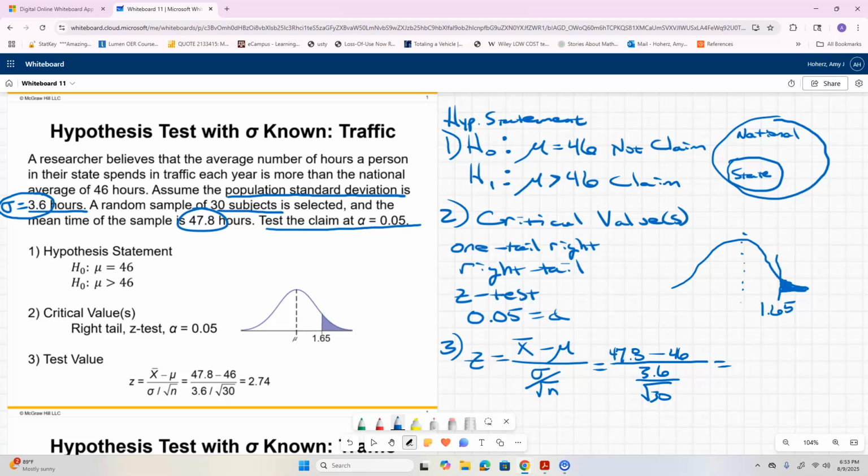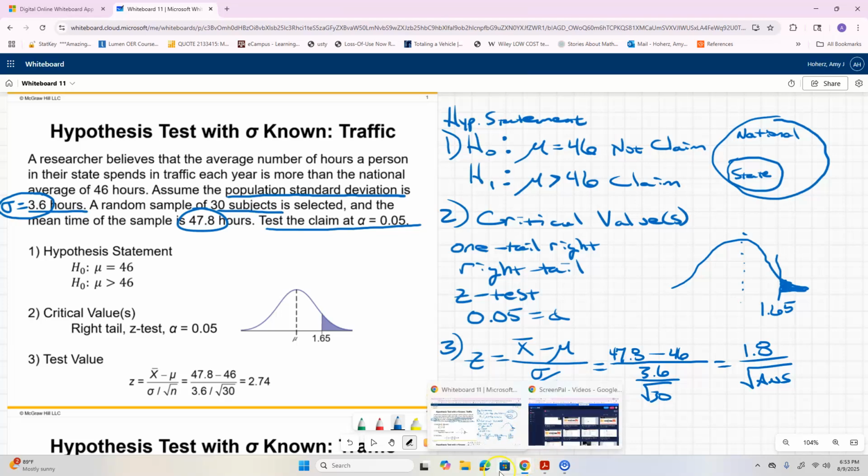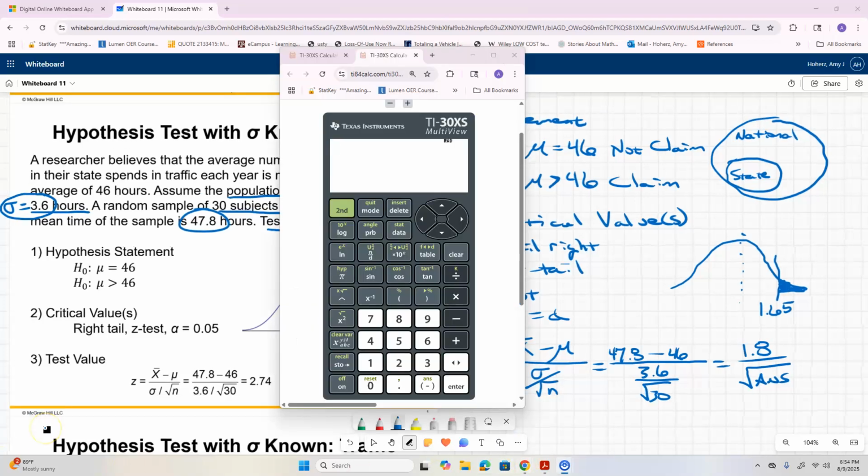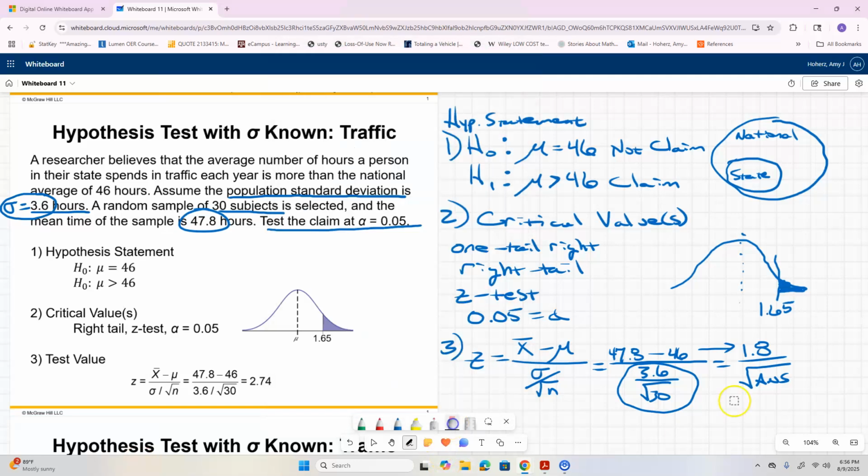All right, 47.8 minus 46 would be 1.8. And then we're going to divide by whatever the answer to the bottom is. So this is how I like to do it on the calculator. Okay, so we already have the top computed. I'm going to compute the bottom. Okay, so the bottom is 3.6 divided by the square root of 30. And I'm not sure why I put a square root on the bottom here.